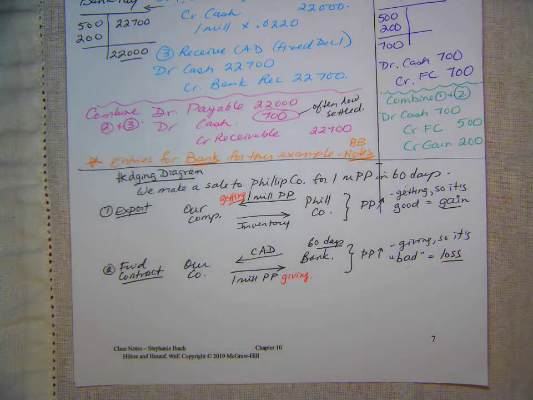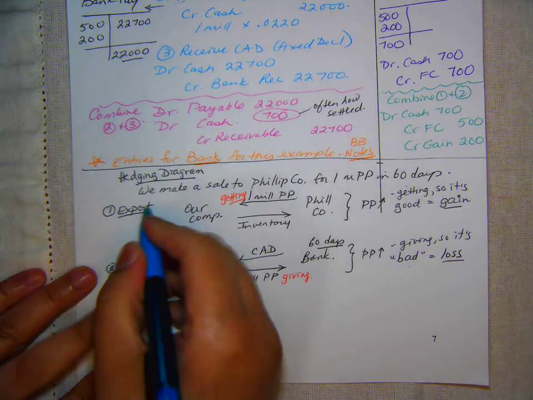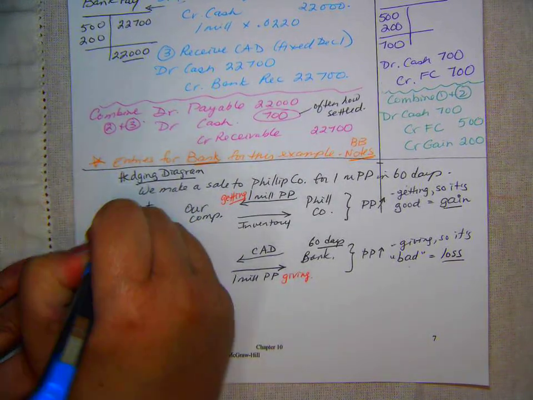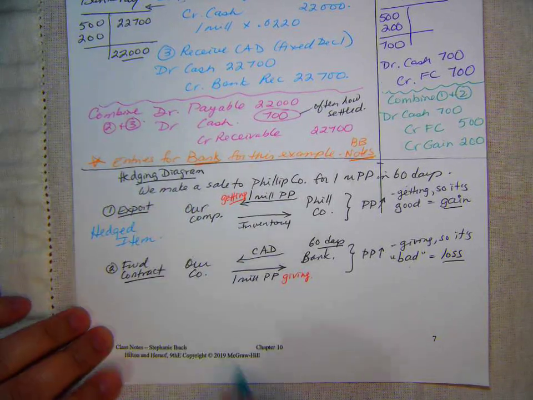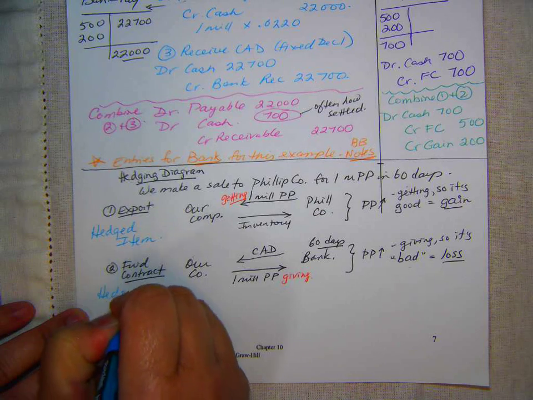So it wouldn't necessarily come out exactly even, but we're not concerned about it. It's the idea. So the sale becomes the hedged item, and the forward contract becomes the hedging instrument. So that's how you do a hedge.